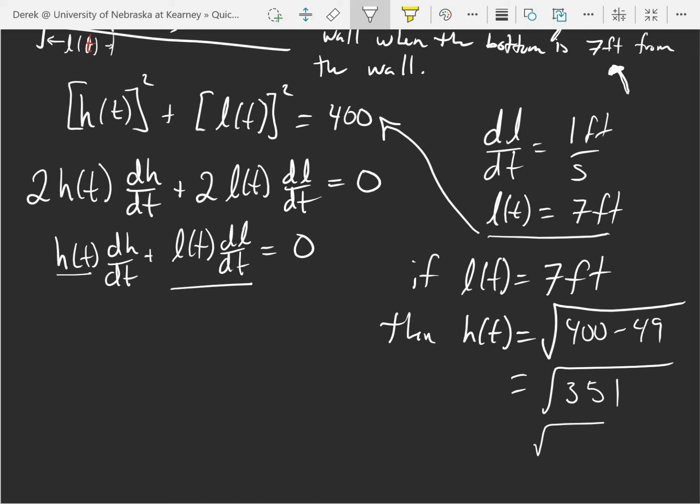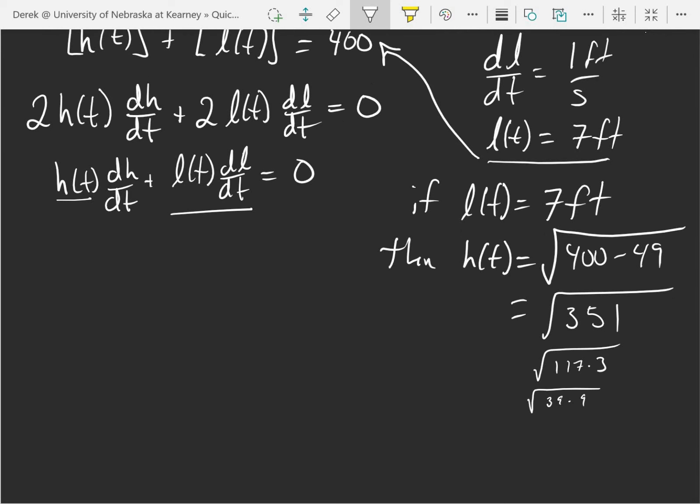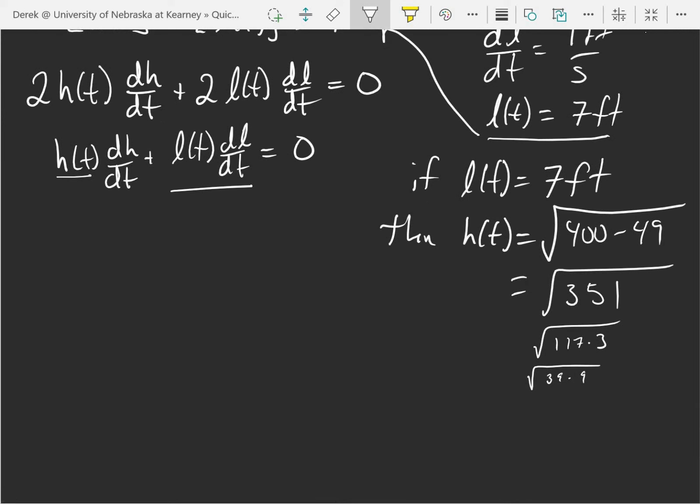So what is that? 117 times 3. That's also divisible by 3, so that's 39 times 9, which is going to be 3 times the square root of 39. 13 and 3 would be the other two. That's not going to go any further. So this is h of t.